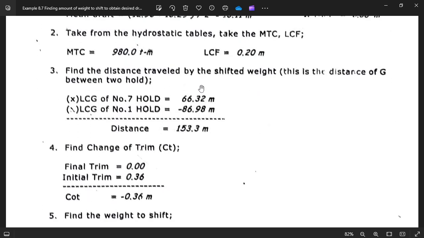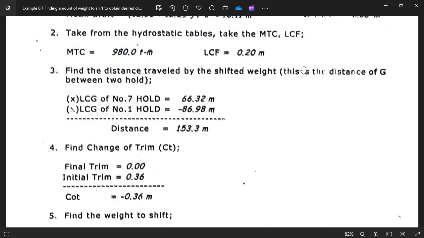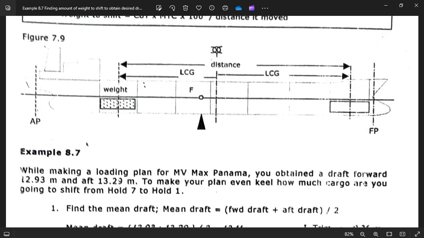Now go to number 3. Find the distance traveled by the ship's deadweight, which is the distance of G between two holds. The LCG of hold number 7 is 66.32, from amidship going to hold number 7.